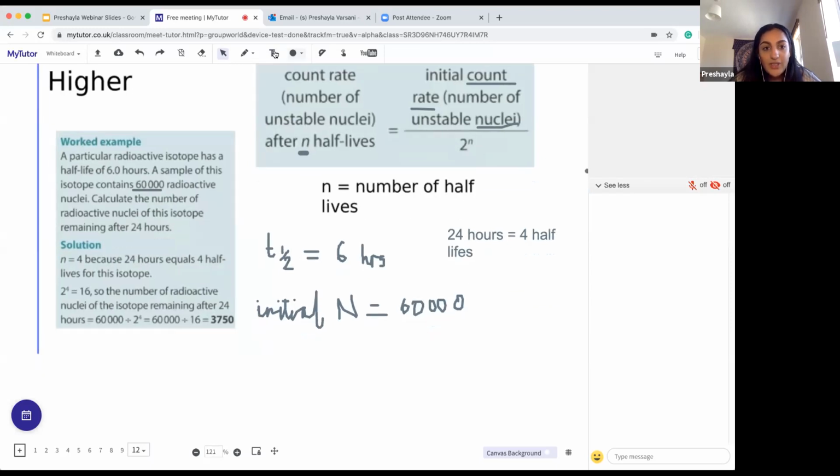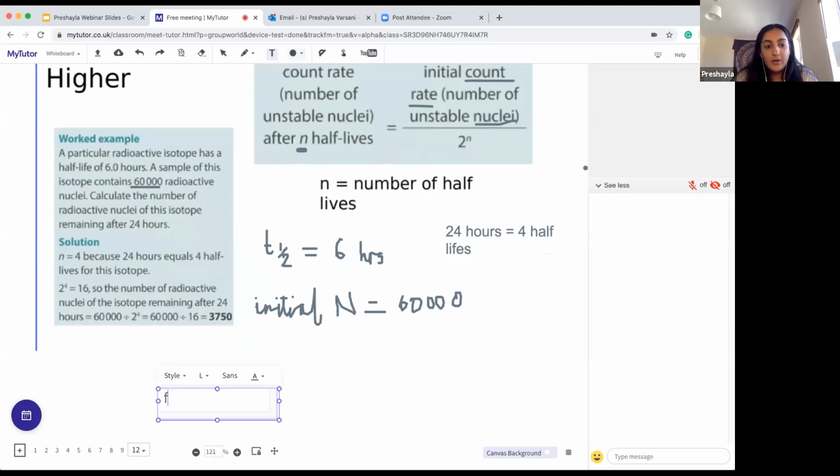So our equation is the final number of nuclei equals the initial number of nuclei divided by 2 to the power of n.